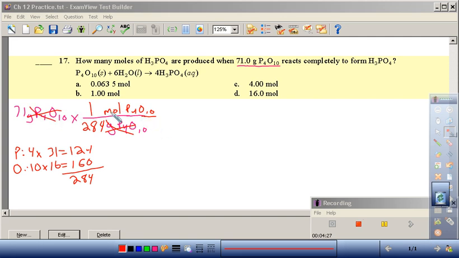Now, am I finished? I'm in moles of P4O10. It's asking for moles of H3PO4, so I got to keep going. So since I'm not done, I'm going to take these units here, and I'm going to change it to what I want.